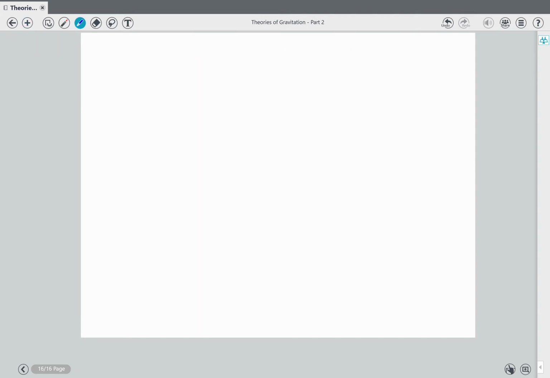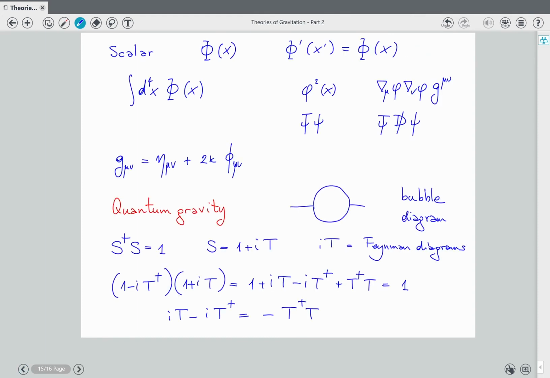So we have minus IT plus IT dagger equals T dagger T, and that is also equal to T divided by I minus T dagger divided by I. And that is twice the imaginary part of T. T is known as the amplitude, IT is the Feynman diagram.